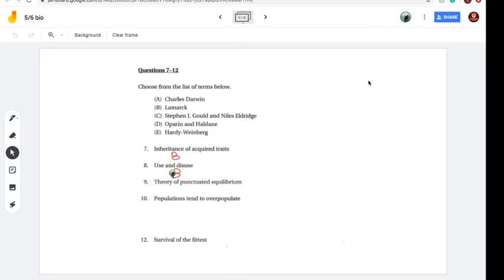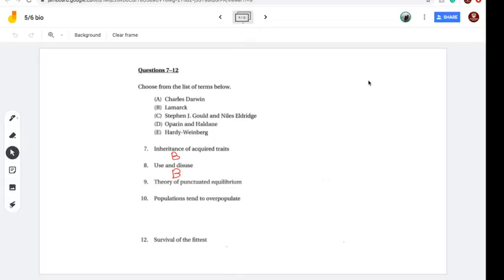I'll give you guys a couple of seconds for number 9. The theory of punctuated equilibrium proposes that new species appear suddenly after a long period with no evolution. This proposition was developed by Stephen Jay Gould and Niles Eldredge.